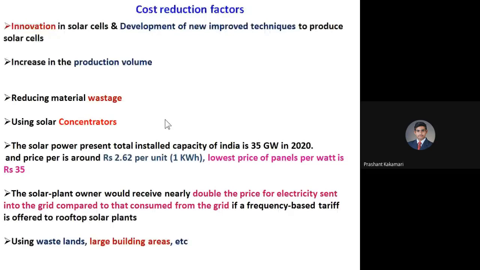Means he can send power to the grid other than using power from the grid. That will be the advantage in proper seasons like summer or winter. He can generate more power, and whenever in the rainy or cloudy season, he can take the power from the grid. So that is net metering he can do. This all depends on the frequency of use and the tariff offered by the governments, and also on the season.